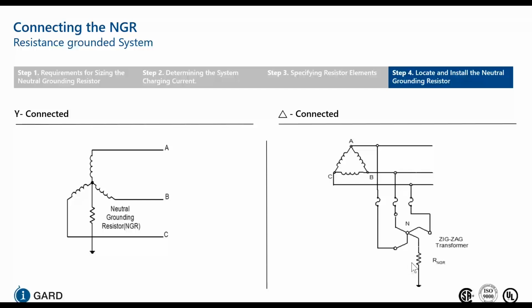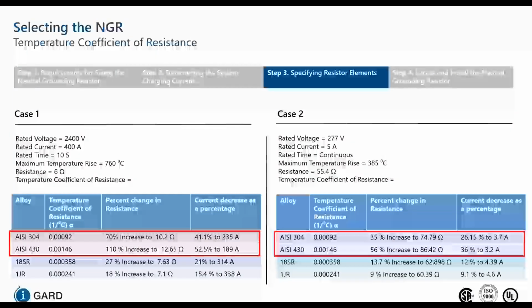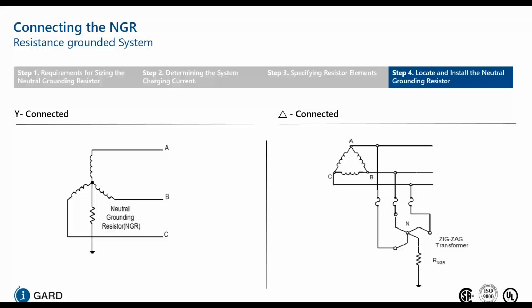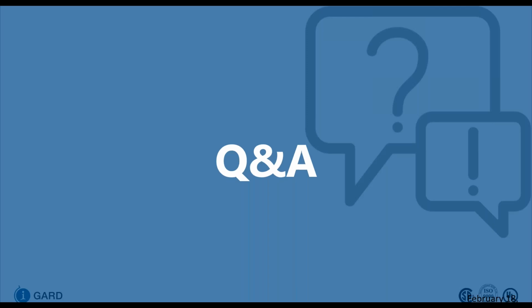The resistor should never be 55.4 ohms in a low resistance grounded system, because chances are, for a 10-second rated resistor, the impedance of your neutral is going to add to the resistive neutral.